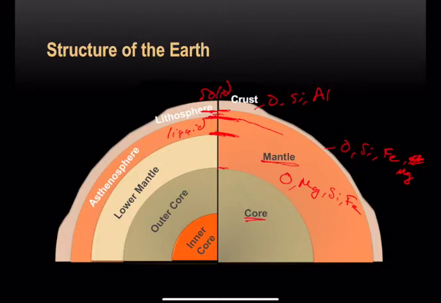And then we go down one more, and the entire core is made out of iron and nickel. All right, so the asthenosphere is a liquid version of oxygen, magnesium, silicon, and iron, and the lower mantle is a solid version of oxygen, magnesium, silicon, and iron because the pressure is higher here. We go down and we get into the outer core. The outer core is made completely of iron and nickel, and it's a liquid.